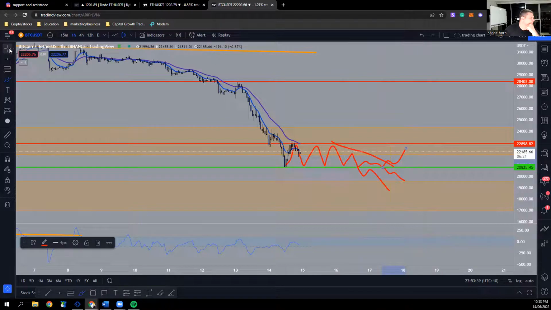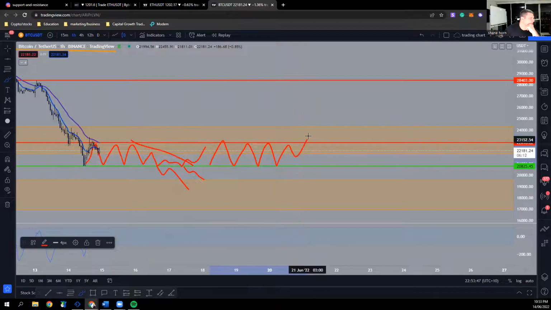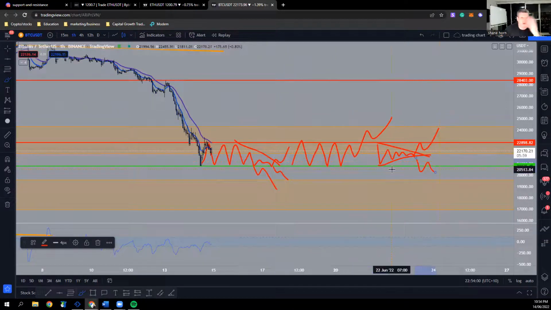Or if we break to the top side, we consolidate here for a bit. We're looking for that higher low, and then we break to the top side, or we have a squeeze pattern here, or pretty much do the same stuff. We're just waiting for that break. So 1, 2, or 3, however that plays out, it is what it is. All I'm waiting for is the breakout.